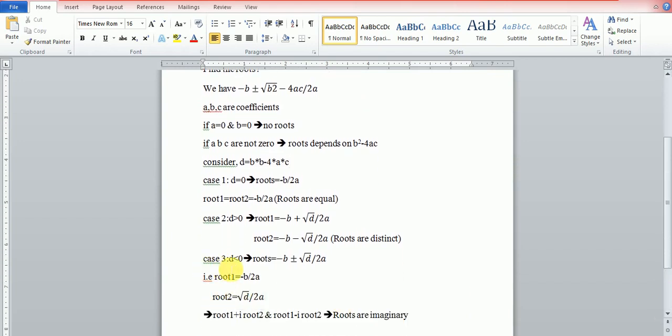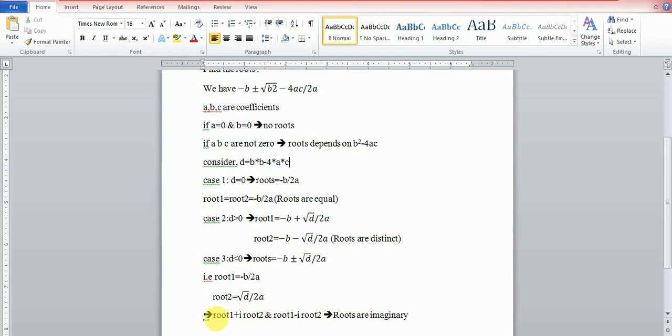Now coming to case 3, where d is less than 0. Here we get roots as minus b plus or minus square root of d divided by 2a, where root 1 is equal to minus b divided by 2a and root 2 is equal to square root of d divided by 2a. We can write it as root 1 plus i root 2, where i is imaginary.